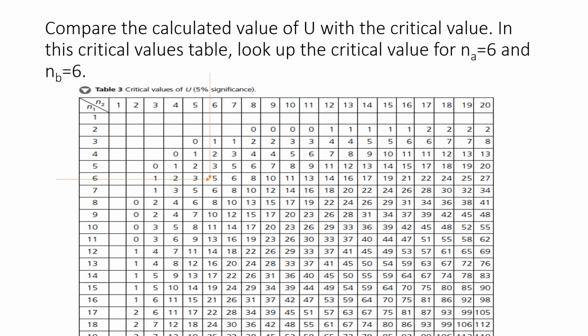And if we see down from N1 is 6 and N2 is 6, we can see that they cross over at the number 5, and this is the critical value. Notice that this is a critical values table for U values at the 5% significance level, or p is less than or equal to 0.05.